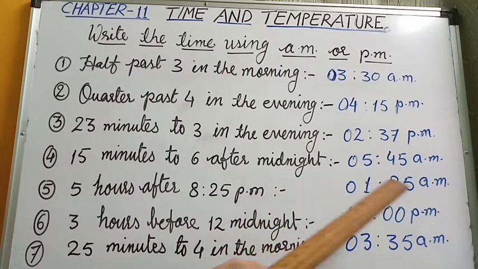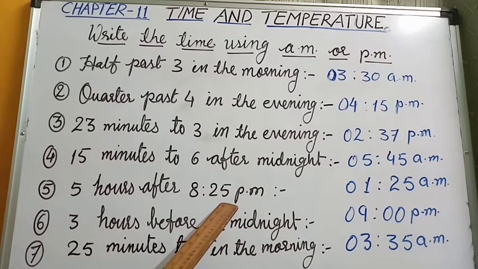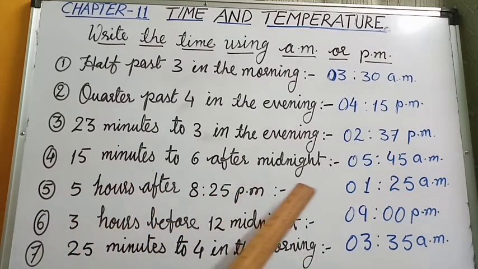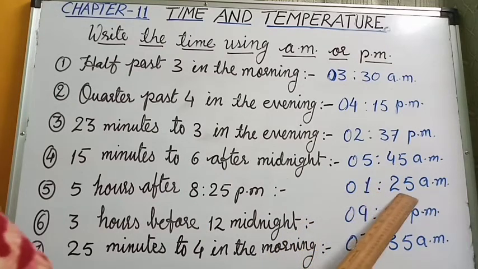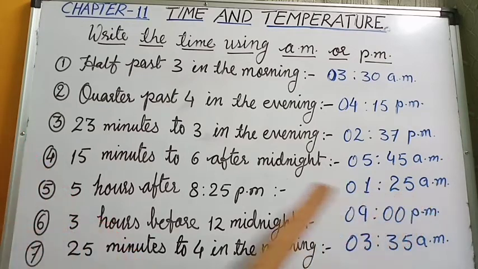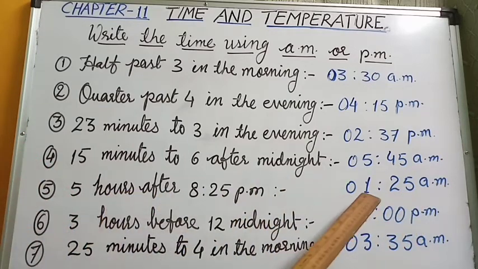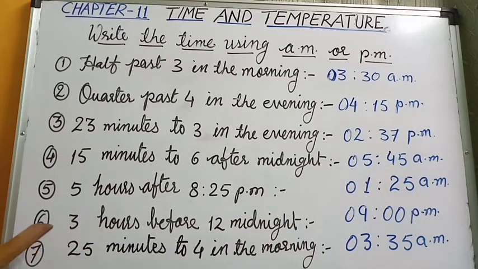So it can be written as AM. After 12 midnight, it will be 1:25. After midnight means the time is AM, and 5 hours after 8:25 PM is 1:25 AM.